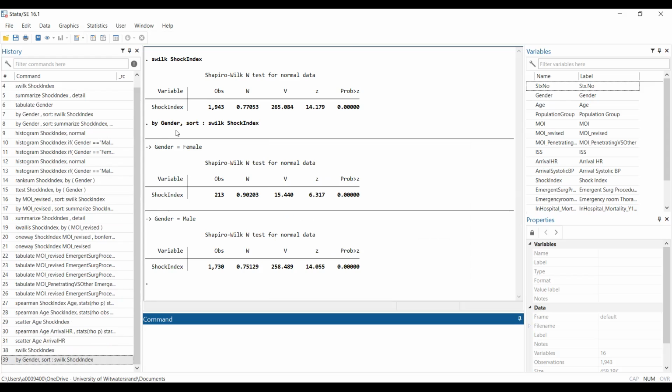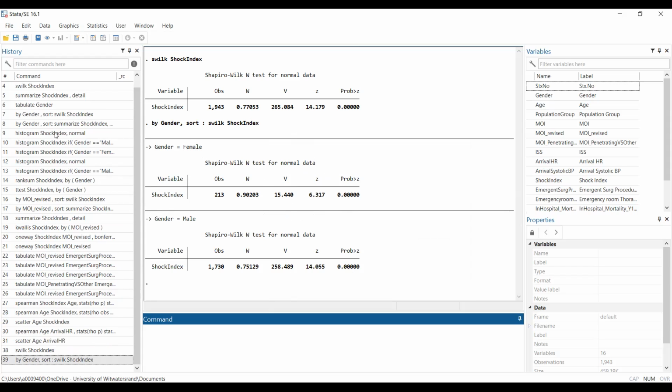Now you'll see it's by gender, sort, swilk shock index. And you'll see in the females, again, the p-value is nowhere near normally distributed, neither are the males. But if you look at the variance, and you'll remember that for the females the mean and the median were much closer together, you can also see that for males the variance is much higher.